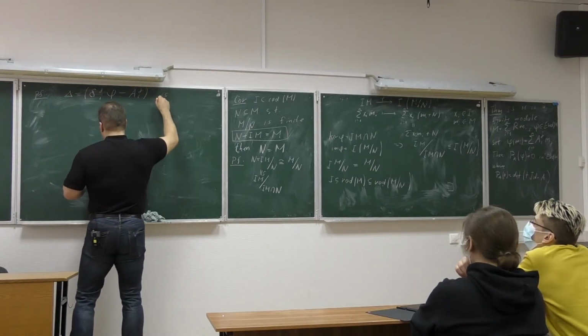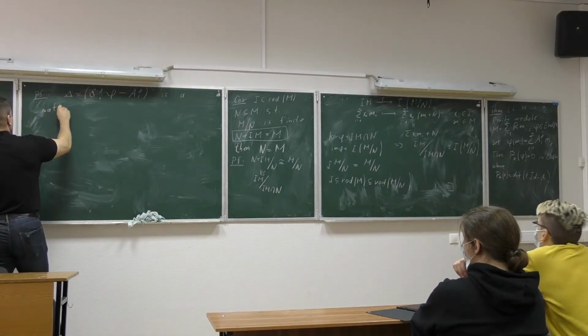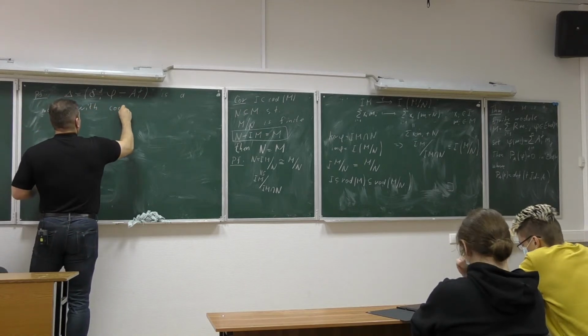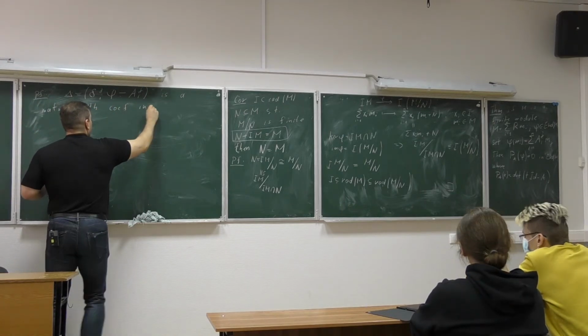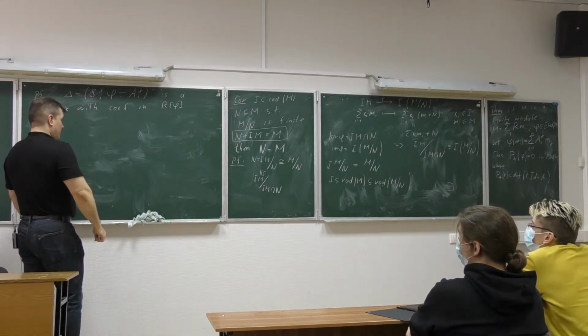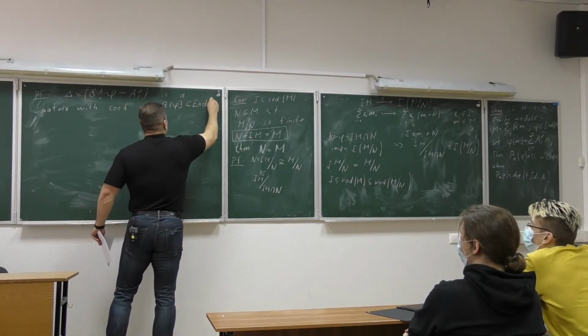So this is a matrix with coefficients in the polynomial ring in the variable phi, which sits inside the non-commutative ring of all endomorphisms.